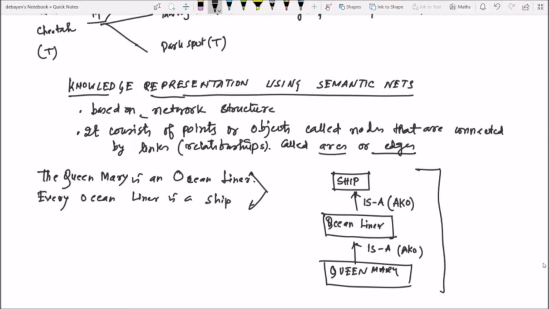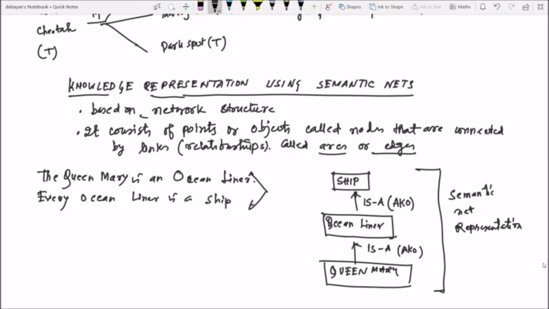That is nothing but semantic net representation. So we can infer Queen Mary is a ship even though the fact is not given.